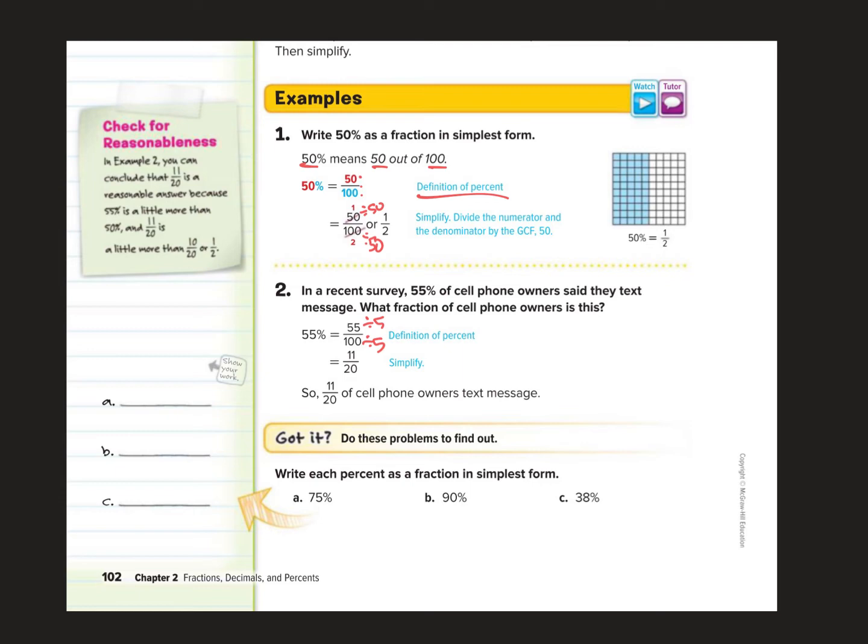Okay, let's do 38. It's a little trickier. We just put it over 100 because percent, and simplify. I'm going to divide both by 2, and 38 divided by 2 is 19 over 50. Now I know 19 is prime, so I'm good to go there.